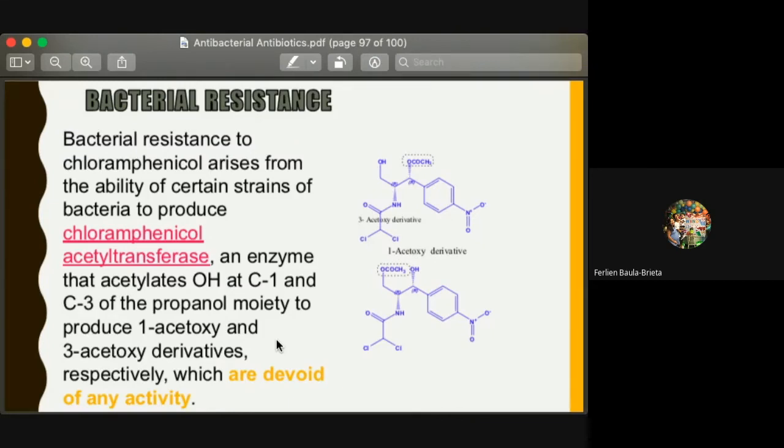So bacterial resistance to chloramphenicol arises from the ability of certain strains of bacteria to produce an enzyme pa rin that can acetylate hydroxyl at C1 and C3 of the propanol moiety to produce 1-acetoxy and 3-acetoxy derivatives. This is our enzyme chloramphenicol acetyltransferase. So this is the resistance mechanism of our bacteria against chloramphenicol.